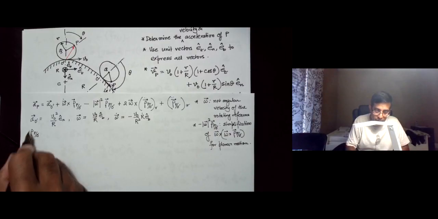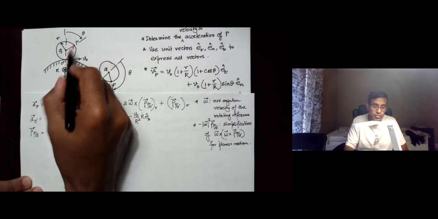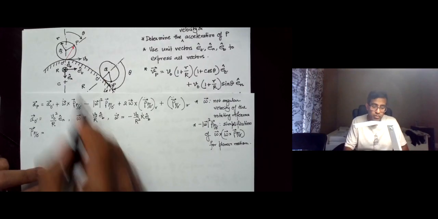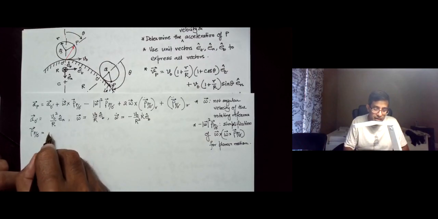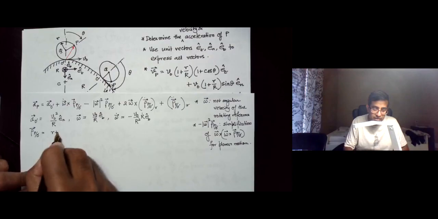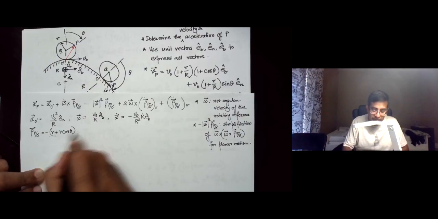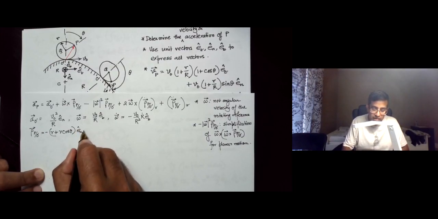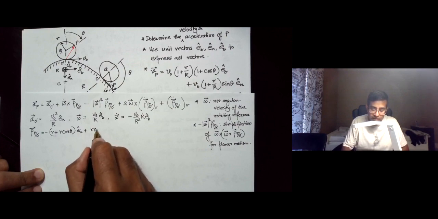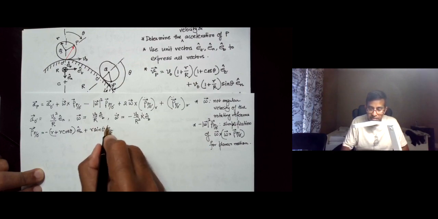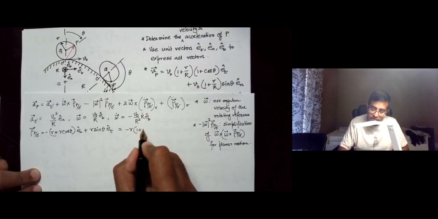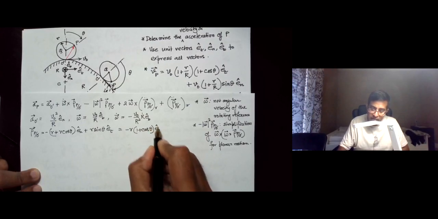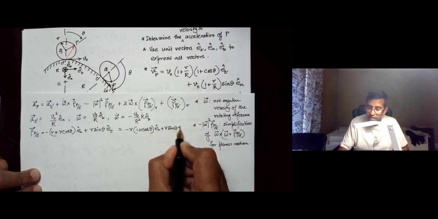Rho p with respect to O prime is as shown here. It's quite easy to derive this vector. We have done it in the previous part. It is essentially r plus r cosine theta, with a negative sign, in the en direction, and r sine theta in the et direction, which is minus r times (1 plus cosine theta) en plus r sine theta et.